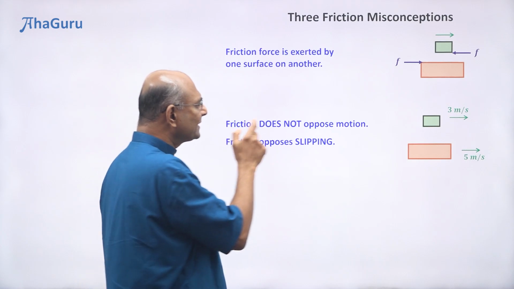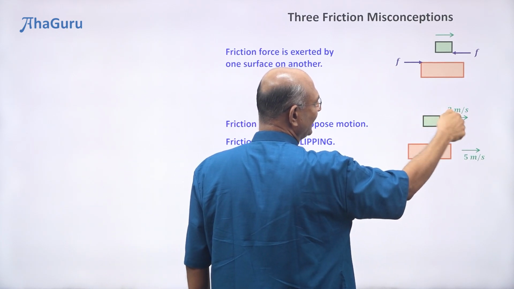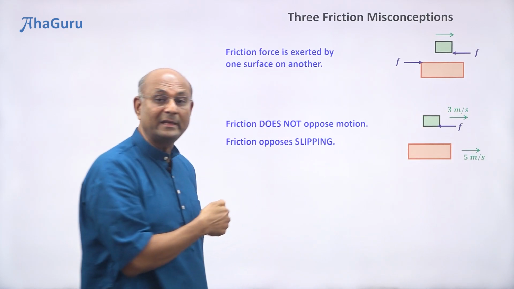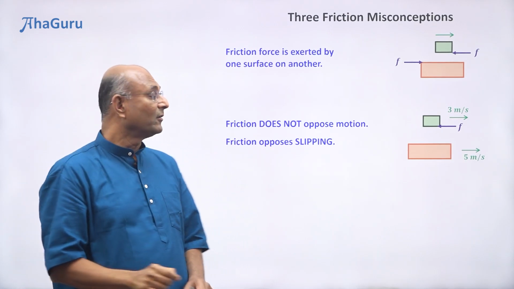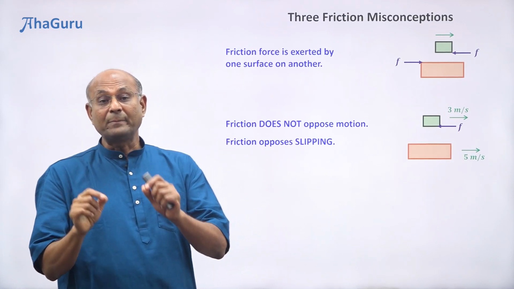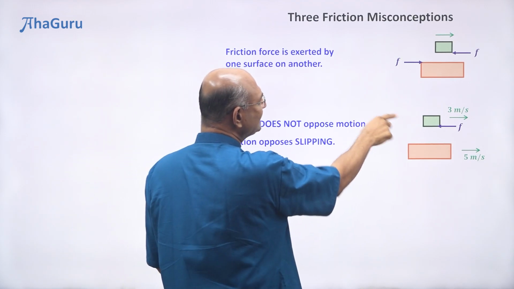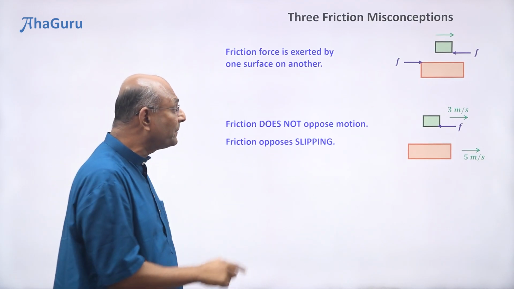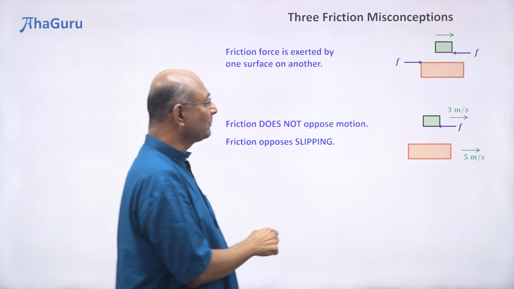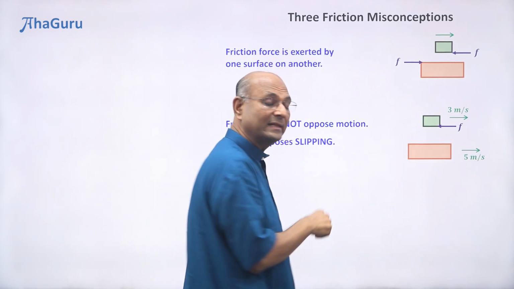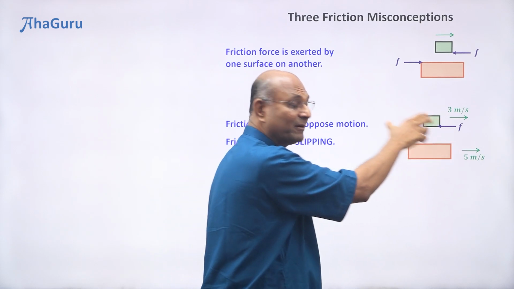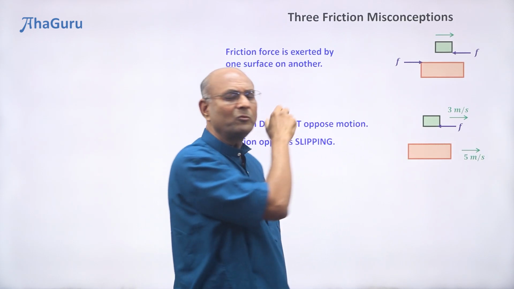Now, people think that, because the green block is moving like this, the friction force must be in the opposite direction. But friction doesn't oppose motion. Friction opposes slipping. What is the direction in which the green block is slipping on the orange block? Let us think about this. The orange block is moving at 5 meters per second. It is faster than the green block. So the orange block will move more, the green block will move less.